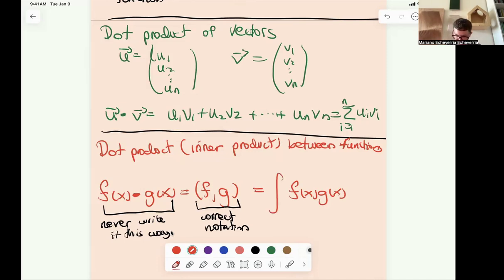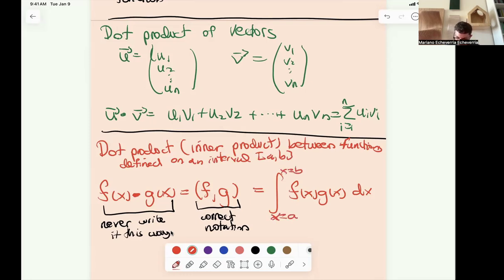So basically what you do is integrate the function over some interval, because we'll be working with functions defined on a finite interval. So the integral goes from x equals a to x equals b.